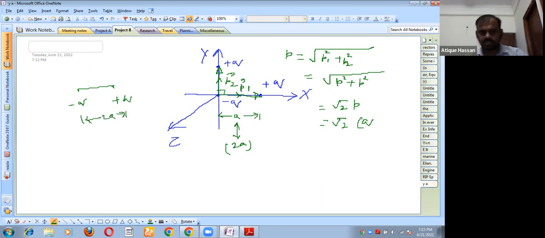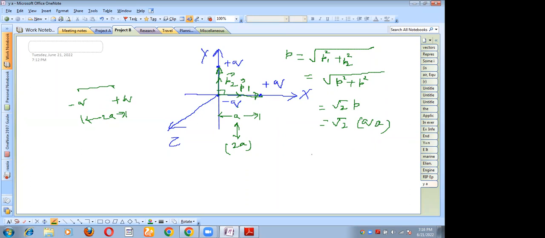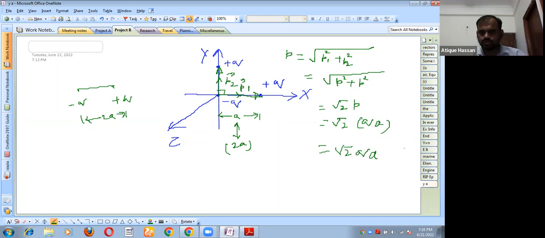But here, the separation between minus Q charge and plus Q charge is A, so here we will write A. Got it? Yes, sir. So it should be root 2 Q into A.